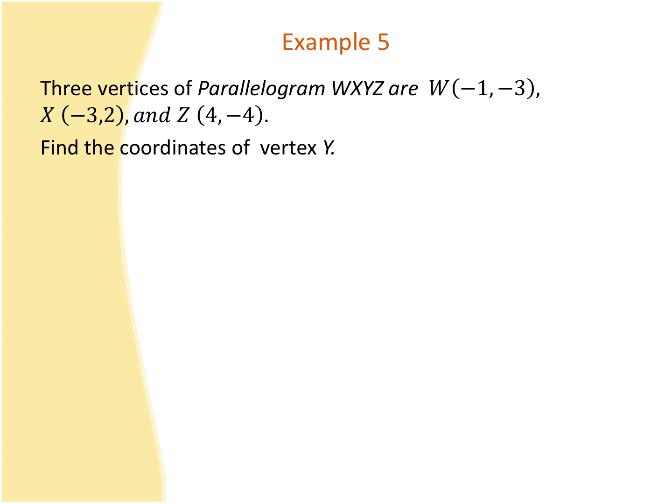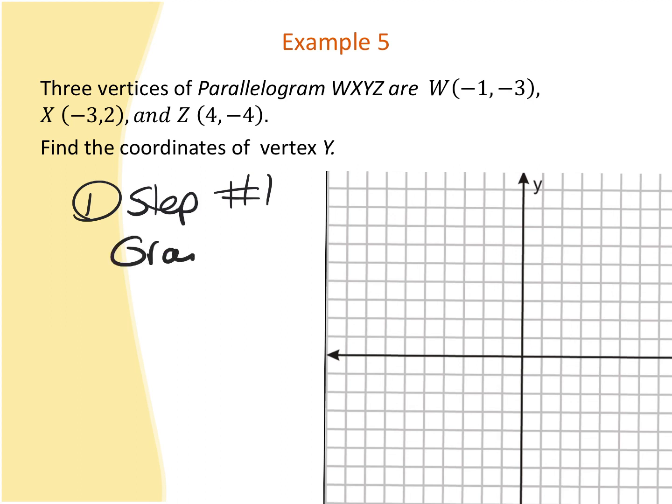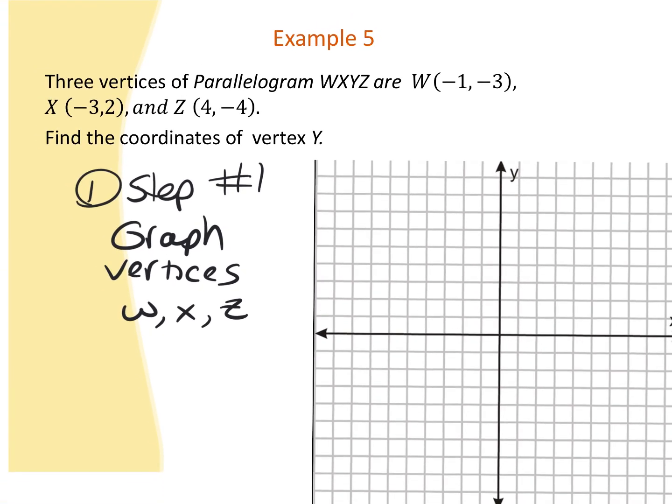Okay, I'm going to go ahead and add a picture of a graph in here because I'm going to graph these 3 ordered pairs. So let me go ahead and graph the 3 ordered pairs. That's going to be step 1. The first step is going to be to graph the vertices W, X, and Z. Let me go ahead and graph those ordered pairs.